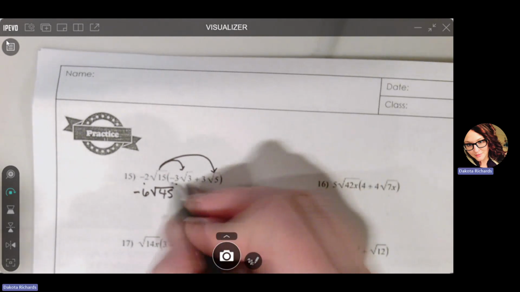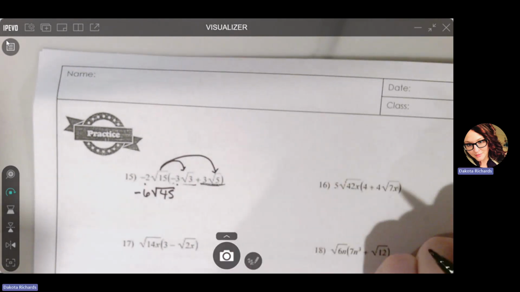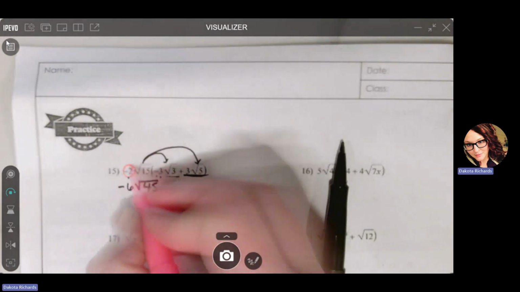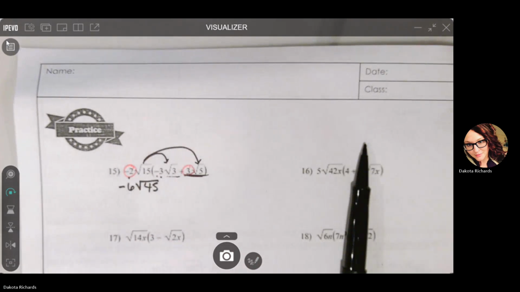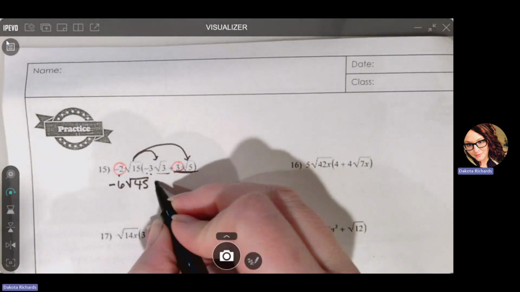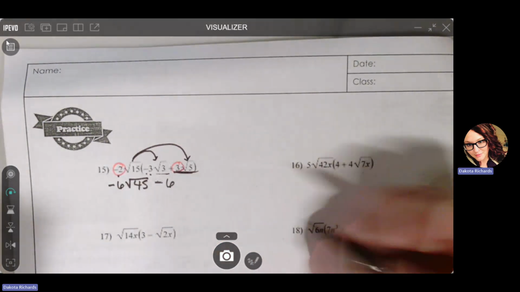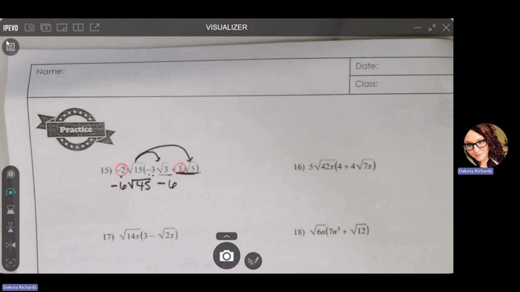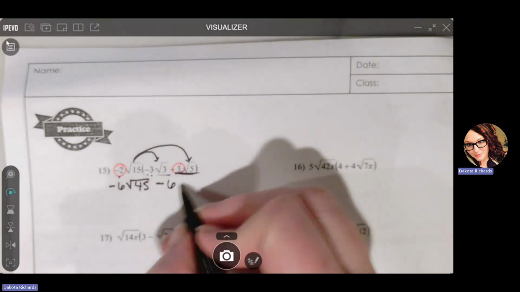And then, so we distributed to this one. Now we have to distribute to 3 square root 5. So on the outside, you've got -2 and 3. So -2 times 3 is going to be a -6 again. And then on the inside, you have 15 times 5, which is going to give you 75.